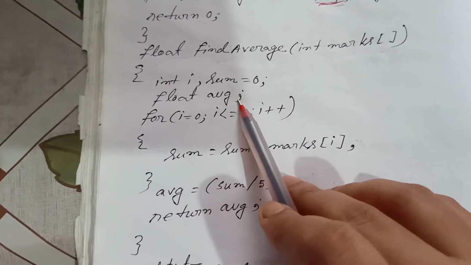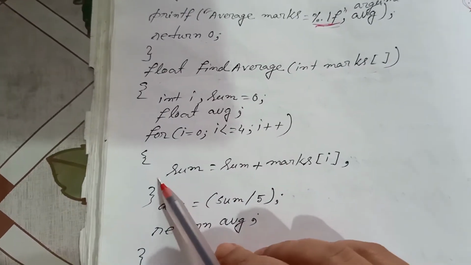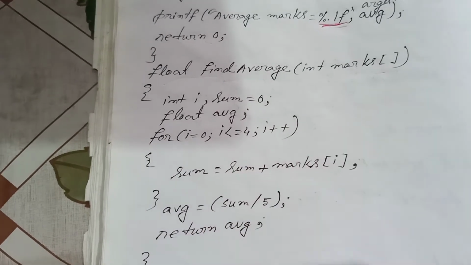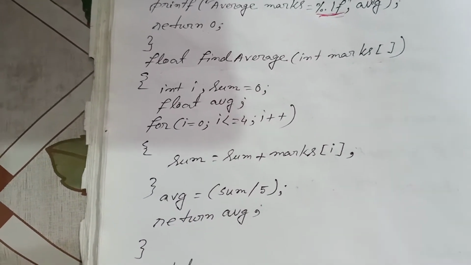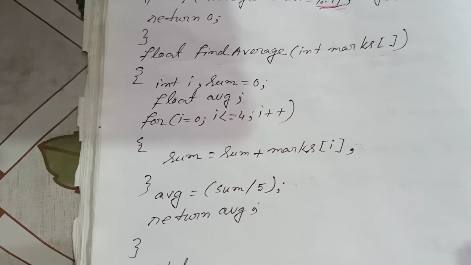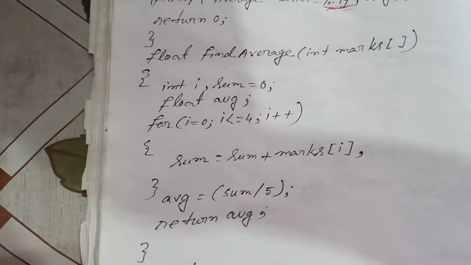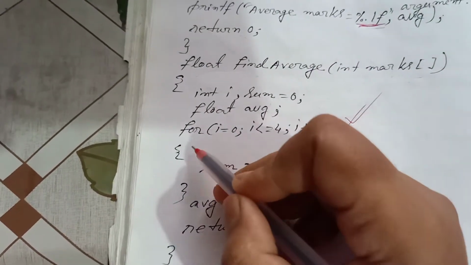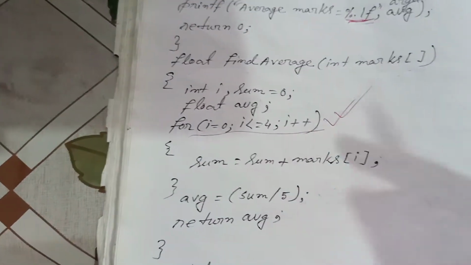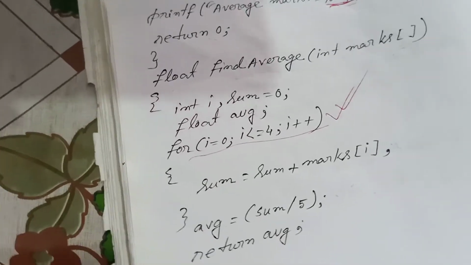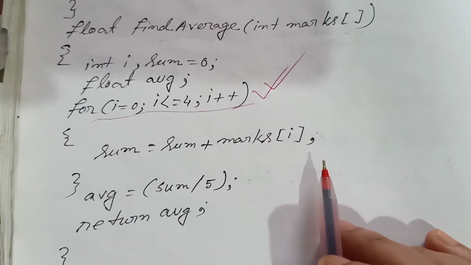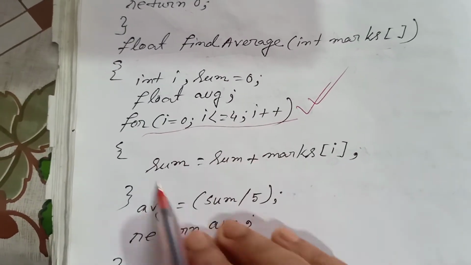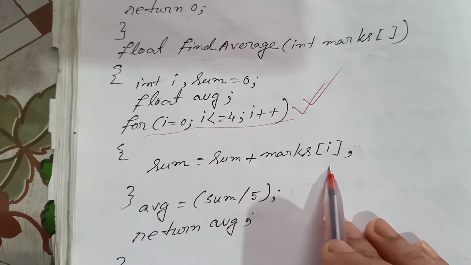Float avg to calculate. Because the same calculation is performed again and again as per the condition, we are using the for loop.